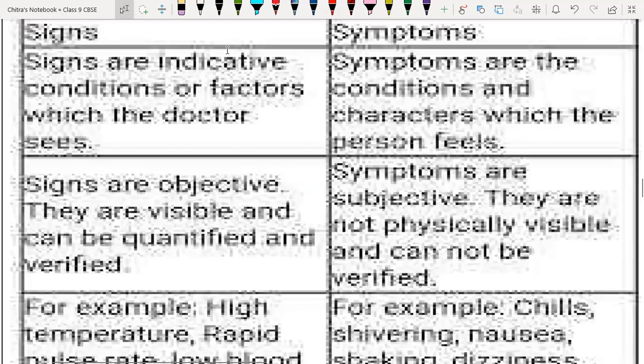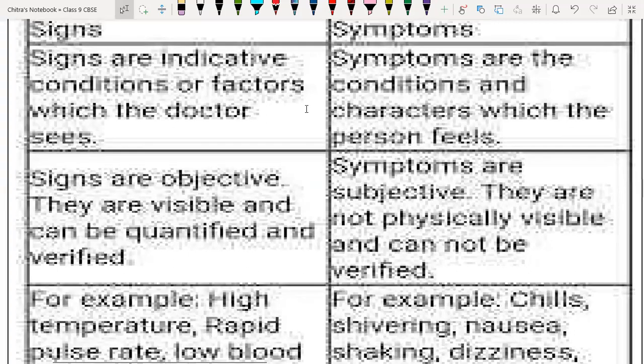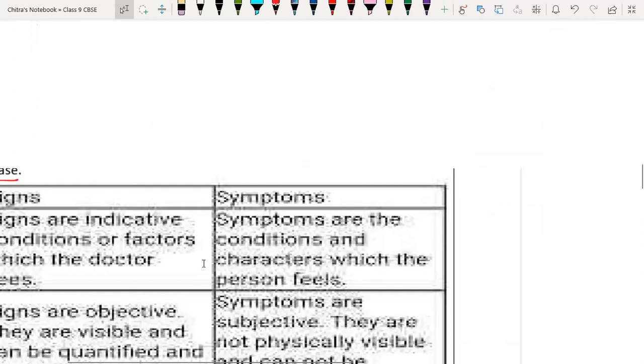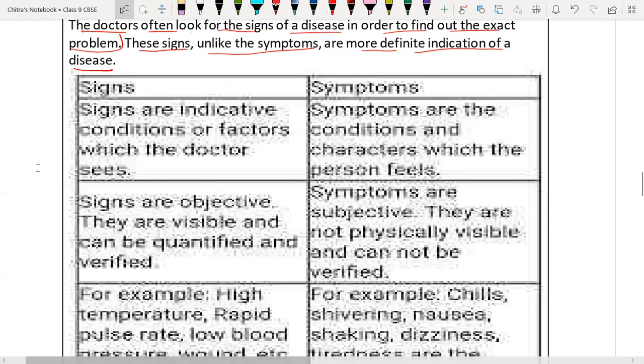Now here we have the difference between sign and symptoms. The part of it is kind of blurred, but we can still read it properly. So now we are going to discuss the difference between sign and symptom.